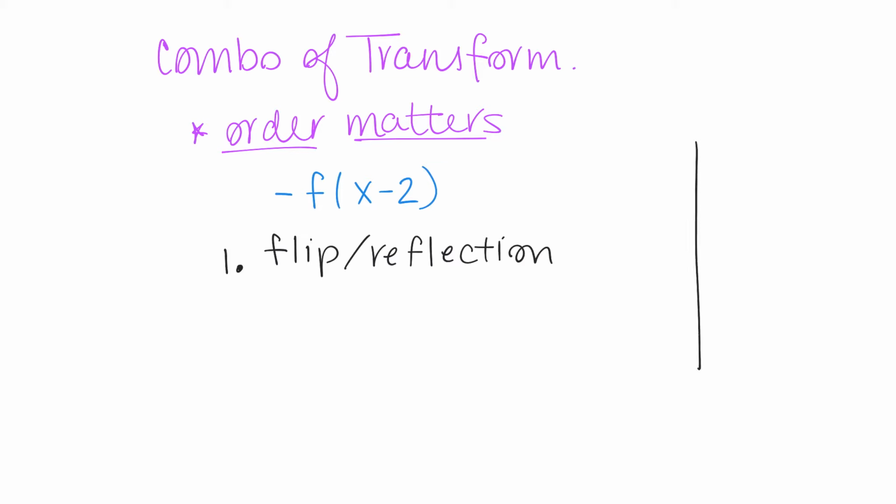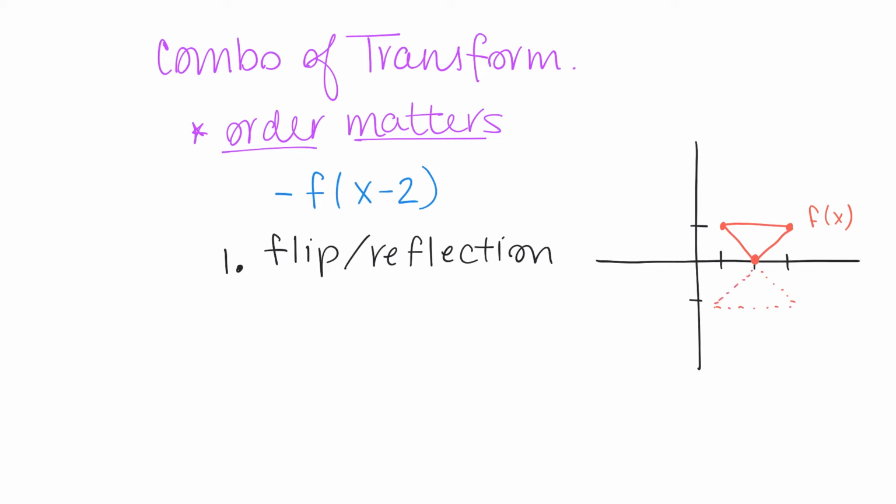For example, let's say we drew a nice little triangle. Here's our original triangle. This is our f of x, and we want to transform that. Our first stage would be a vertical flip, and we'd flip it, and it would look like this.